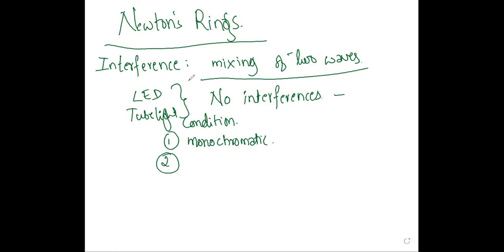Any other condition? So I have two lasers. Now I'll modify these two into two laser sources, two red lights. Then will they undergo interference? If they have the same frequency and amplitude, then I guess they can undergo interference. Same frequency means it's monochromatic. Same amplitude.